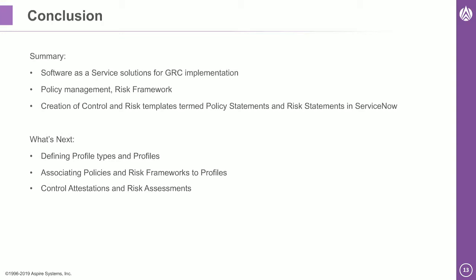And in the next session, we will be looking at how we will be associating indicators and performing the tests on the controls. Also the audits, how the audit activities are planned and executed, and how all of this is entirely managed on the ServiceNow platform. And now it is over to Kavi.